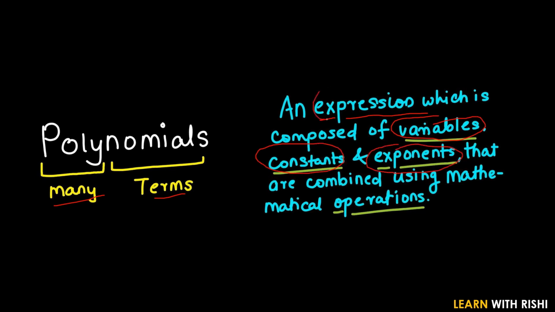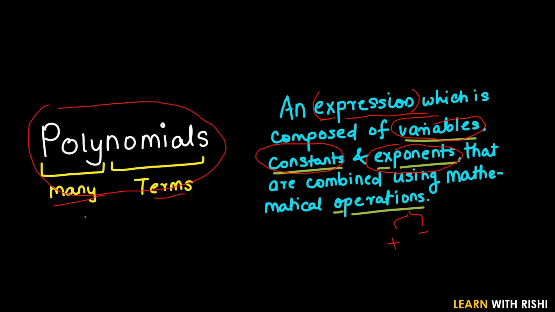What I have said, expressions, only expression, not equation. An expression which is composed of variables, constants, and exponents that are combined using mathematical operations such as addition, subtraction, like this. Okay. So such expressions which are composed of variables, constants, exponents, and are combined using mathematical operations, they are known as polynomials.